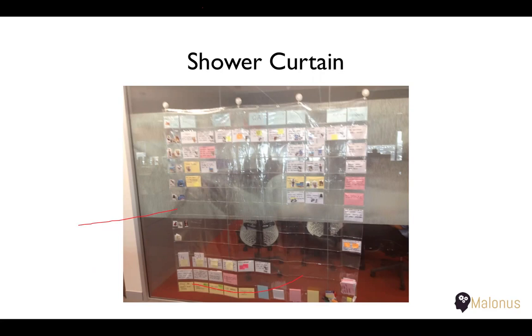So this is another hack which was used in Australia at Bankwest. At that point of time, the organization was not allowing people to put anything on the wall. So people tried innovative ways and found that they can use a shower curtain, on which they can put their cards. By the time you go home, you pack this shower curtain in. The beauty of the shower curtain is that you can take it anywhere.